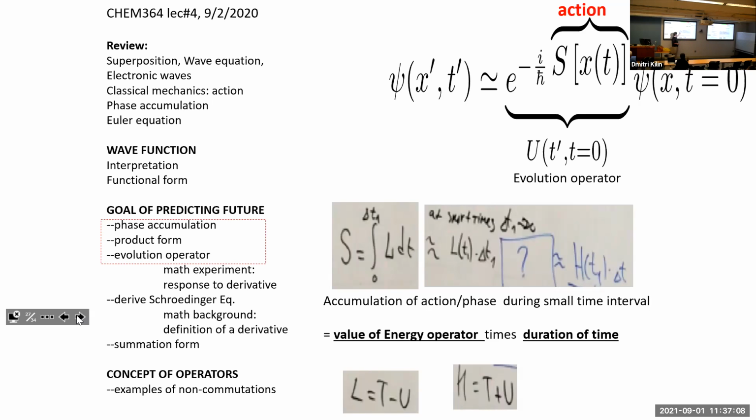we can consider action as the integral of the Lagrangian over time. Or if the time interval is really short, an infinitesimal delta t, its integral can be replaced by a product: the Lagrangian at this time times the increment of time. And if you do this crazy replacement of Lagrangian with Hamiltonian, you have the Hamiltonian, the total energy at time t, multiplied by delta t.